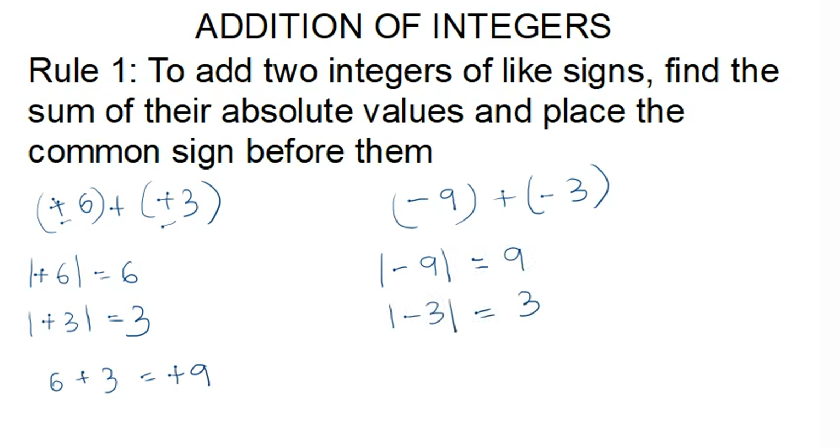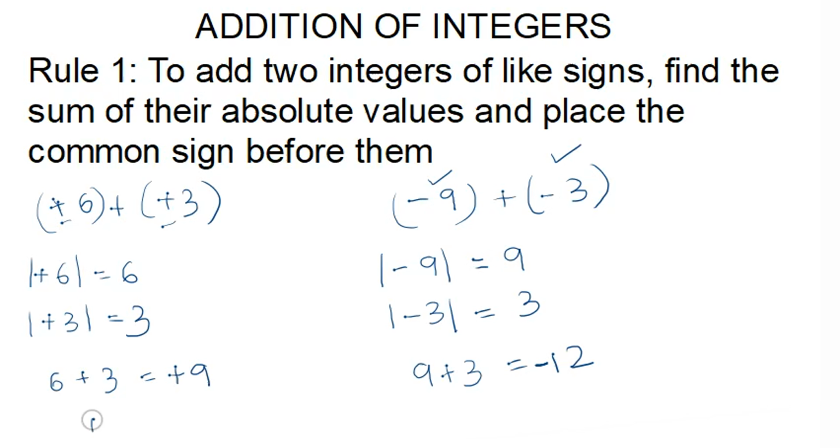Now you have to find the sum. 9 plus 3 is equal to 12. After finding the sum of the absolute values, we are supposed to place the common sign before the answer. What is the common sign? Minus 9 is a negative integer and minus 3 is also a negative integer. So I will place minus 12.